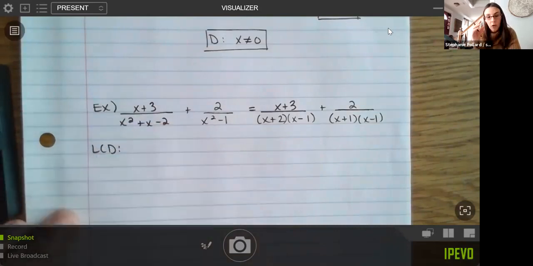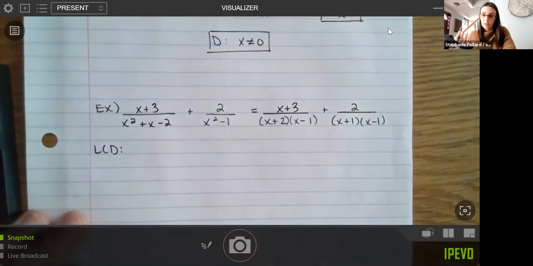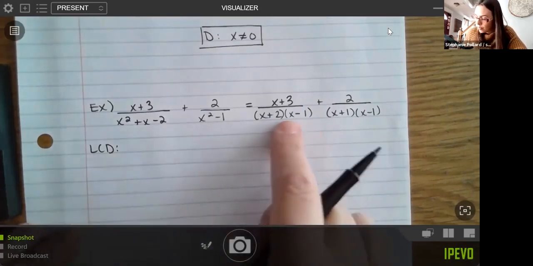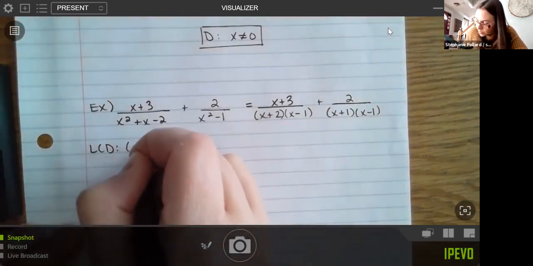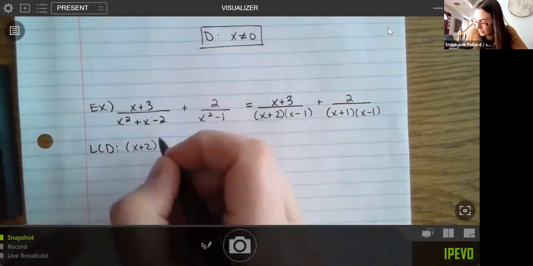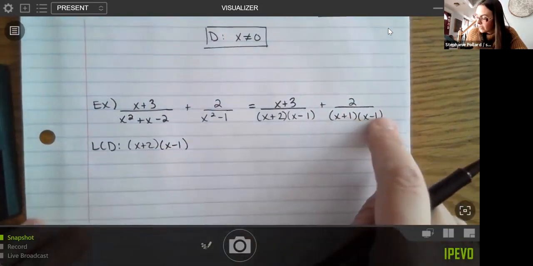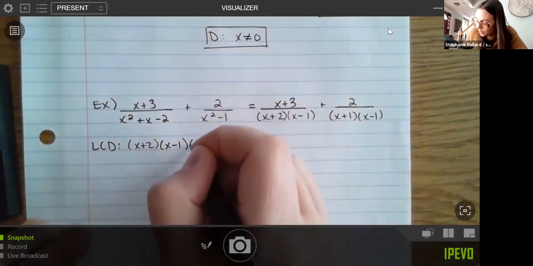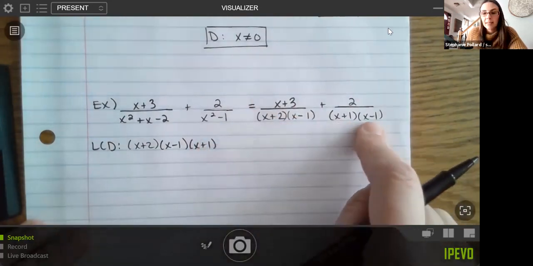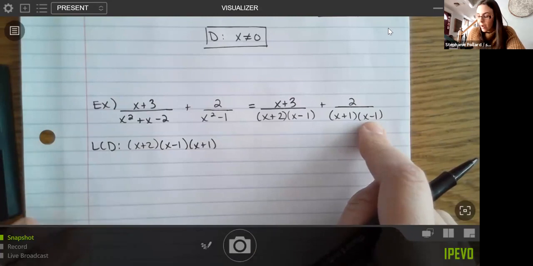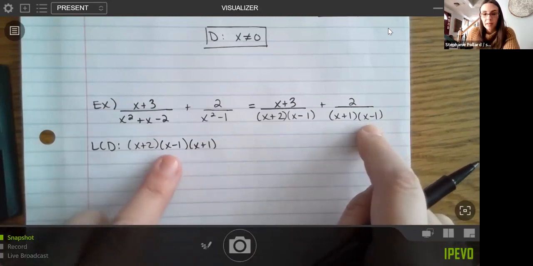So you want to make sure all factors are included. From the first group, I need a factor of x plus 2, and I need a factor of x minus 1. From the second group, I need a factor of x plus 1, and I need a factor of x minus 1. Well, I already have one x minus 1 here, so I don't need to write it again.